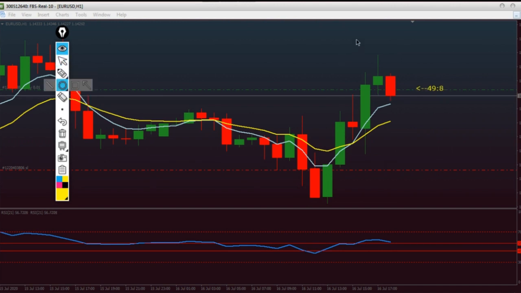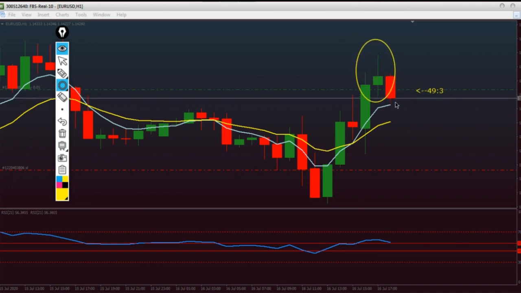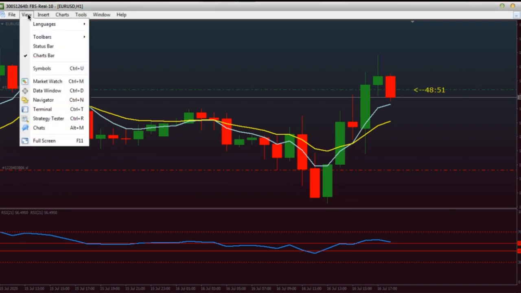I told you where we leave it here. Set that candle here, that one. It indicates that the price is going to make a correction, and for us to know that correction, there is a tool we use.